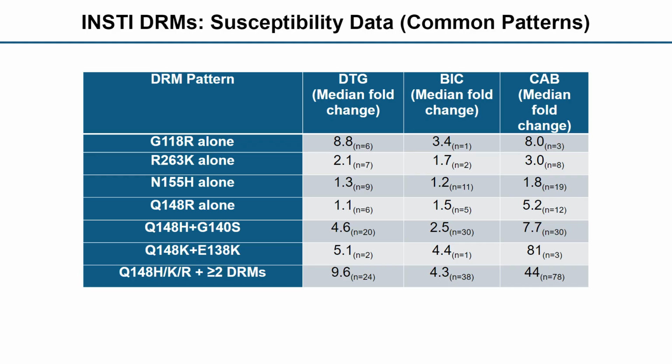It is important to emphasize that the clinical significance of some individual mutations, such as R263K, which causes only about a 2-fold reduction in dolutegravir susceptibility, remains uncertain. This question will be addressed in an upcoming clinical trial designed to evaluate the impact of common INSTI drug resistance mutations on treatment outcomes.